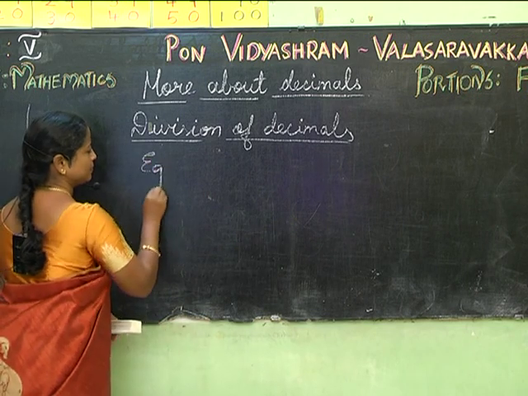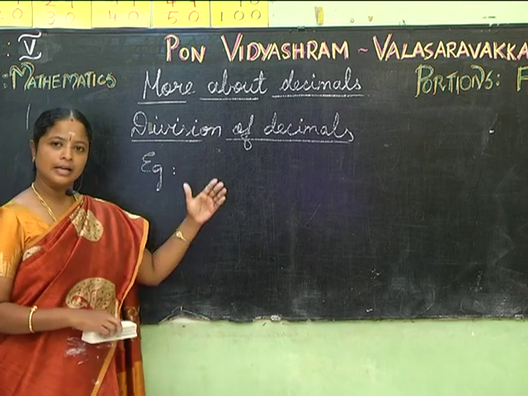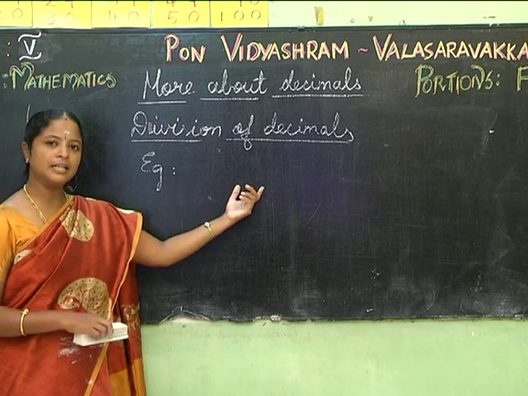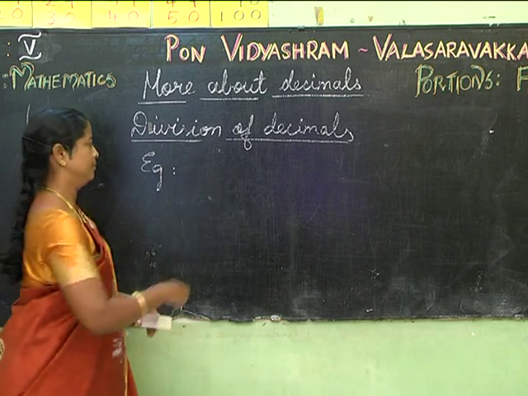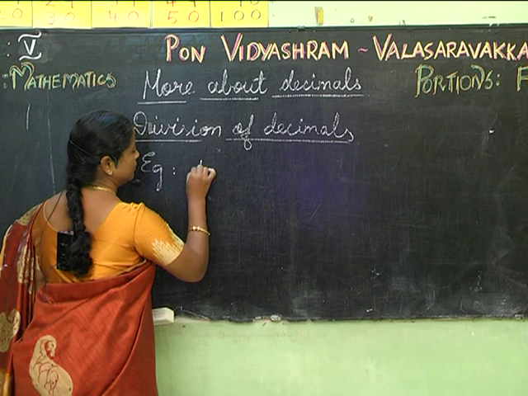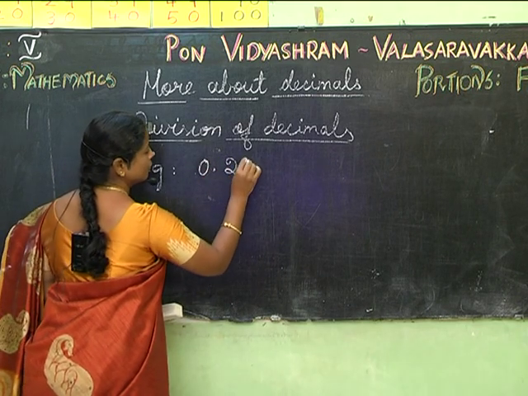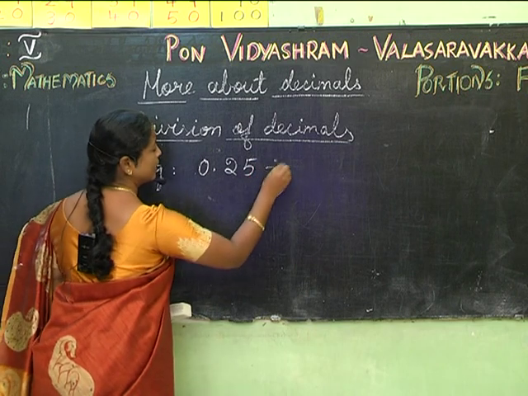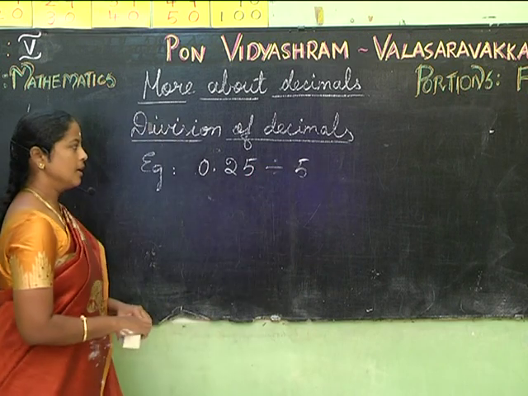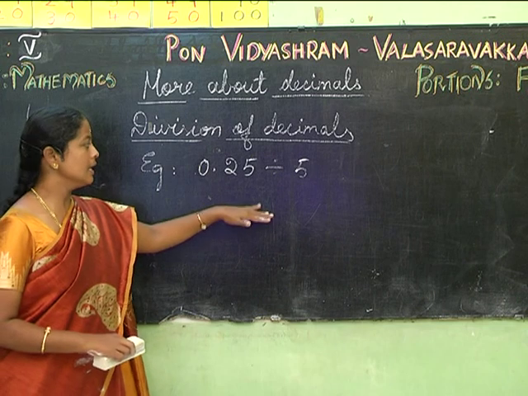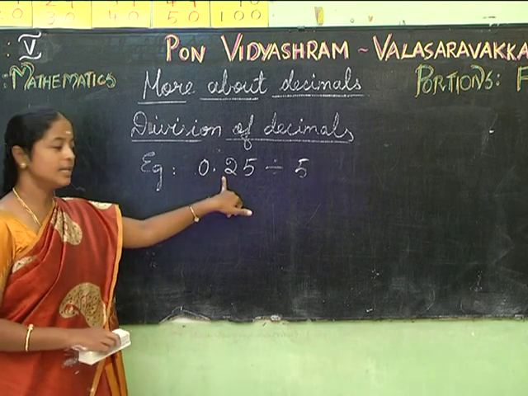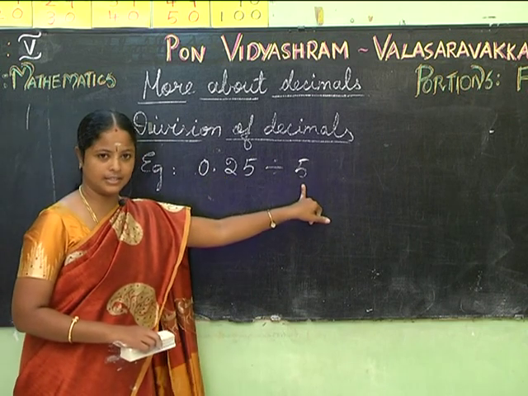Example, first I am going to divide a decimal number with a whole number, that is 0.25 divided by 5. Now here in this number the dividend is lesser than the divisor.